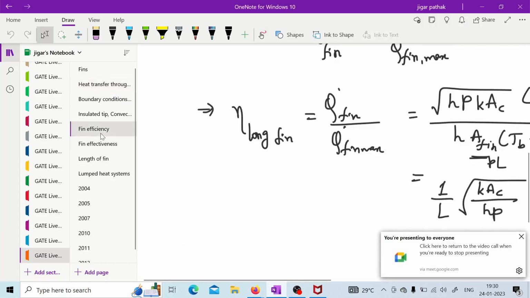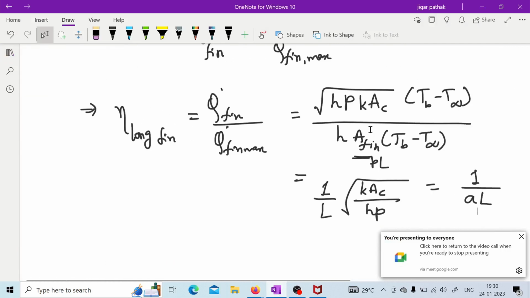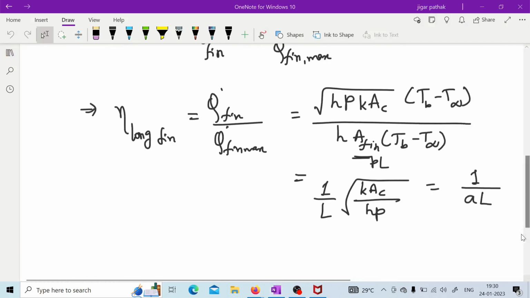We were discussing this efficiency. This is for the infinite length.